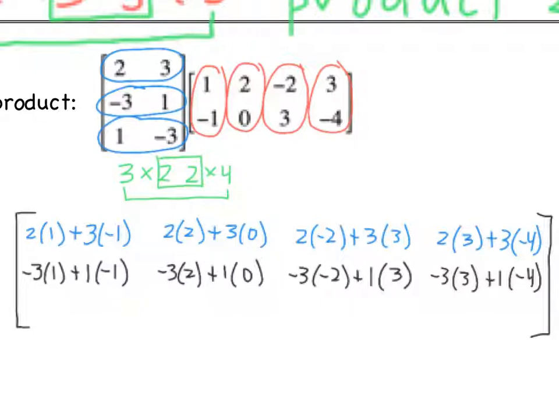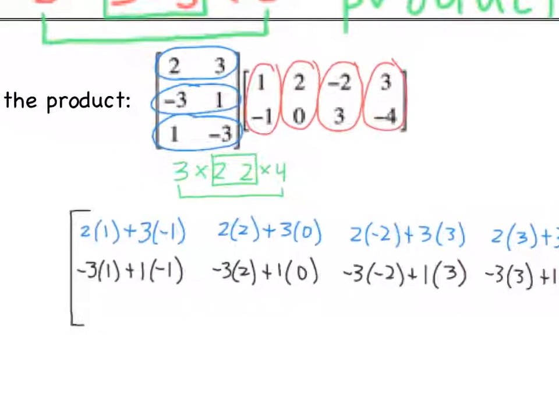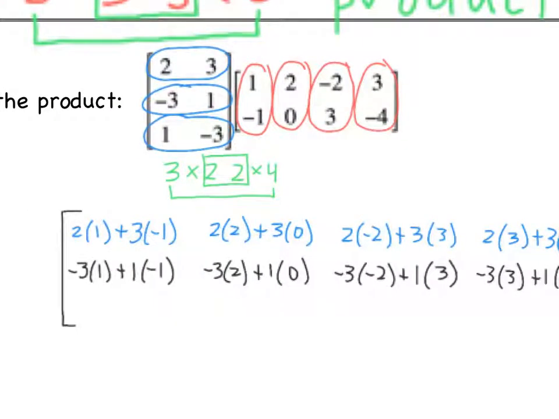That's taken care of the first 2 rows, but now we need to do the same thing for the third row. Row 3 times column 1, then column 2, then column 3, and column 4. So we have 1 times 1 plus negative 3 times negative 1. That's row 3, column 1.